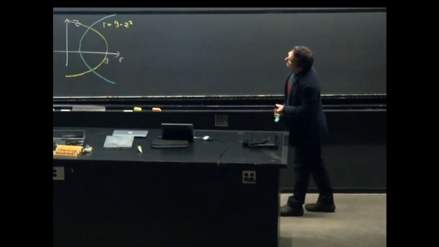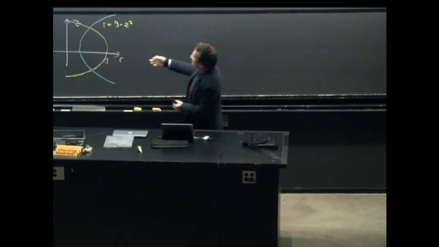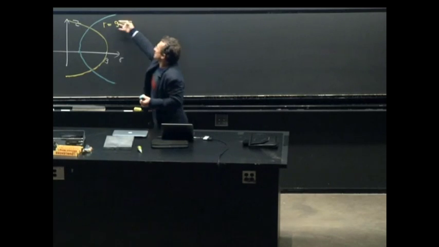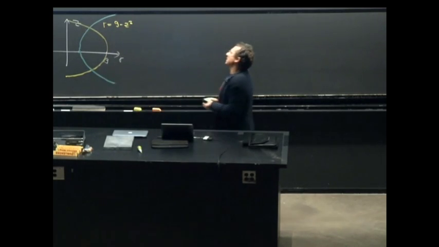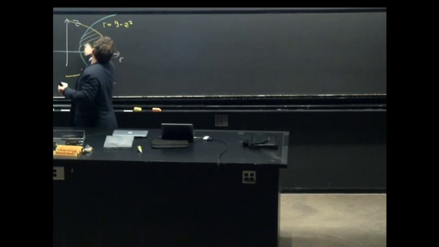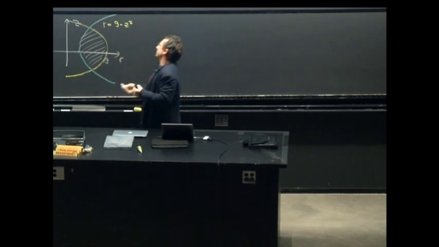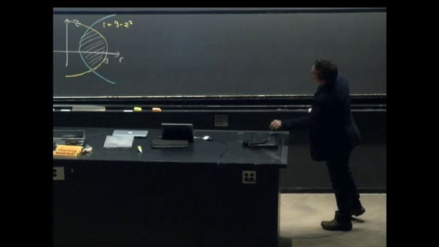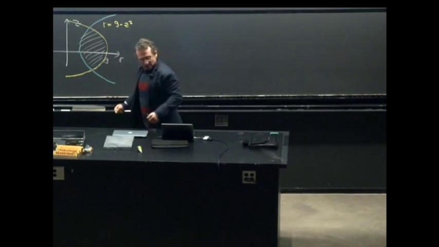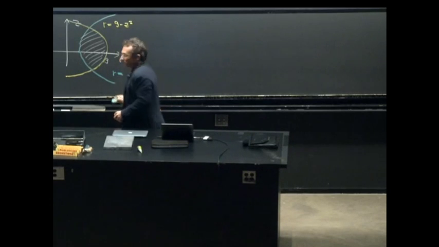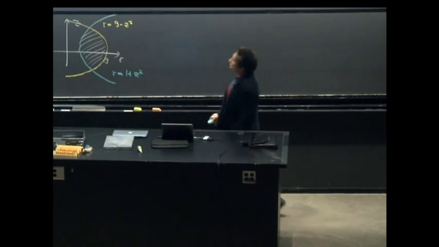So these are the two paraboloids, and we intersect these two parabolas in this picture, and we then rotate this around. So we have this region, and you kind of see how this looks when we rotate this around. So this was r is equal to 1 plus z squared.